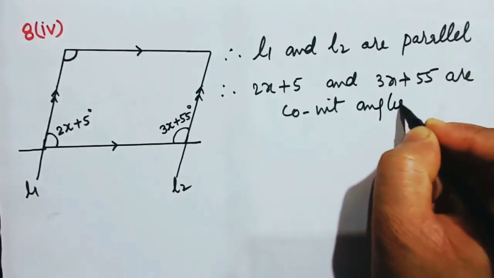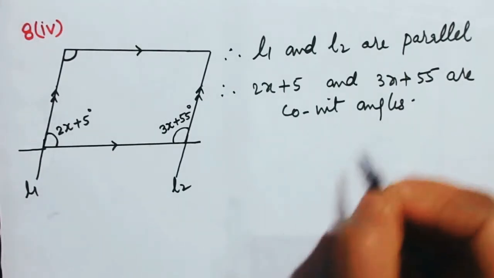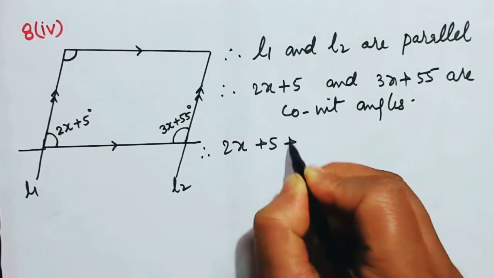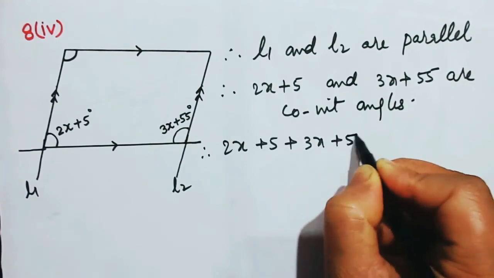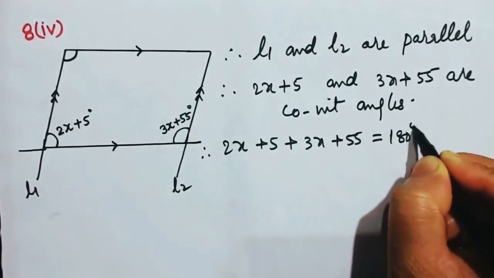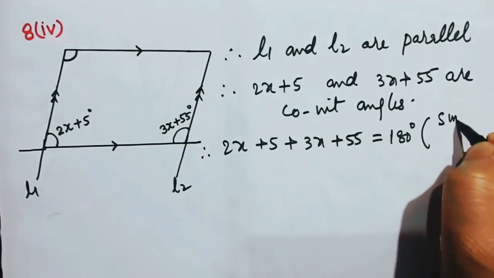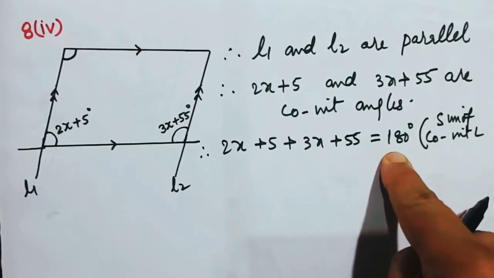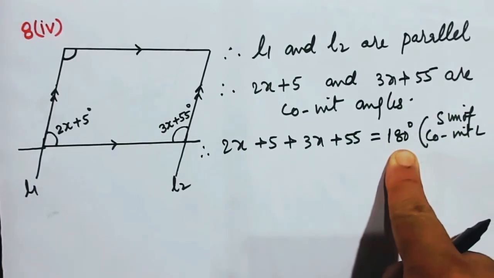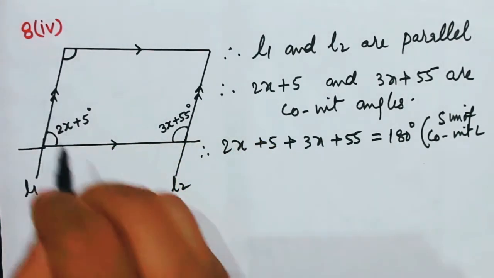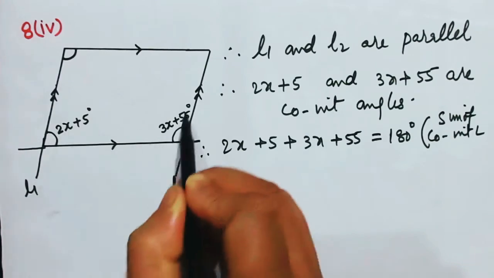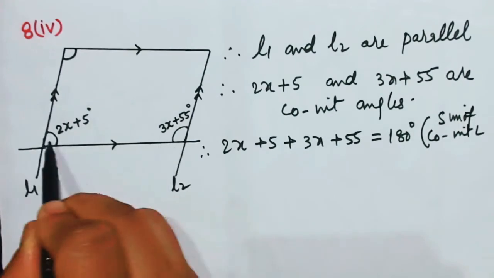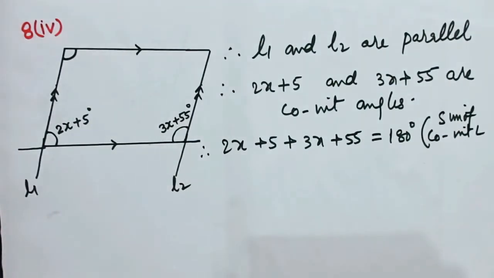And what do we do with the co-interior angles? 2x plus 5 plus 3x plus 55 is equal to 180 degree. Why? Because of the sum of co-interior angles. Why is the sum of co-interior angles equal to 180? Because the lines are parallel.